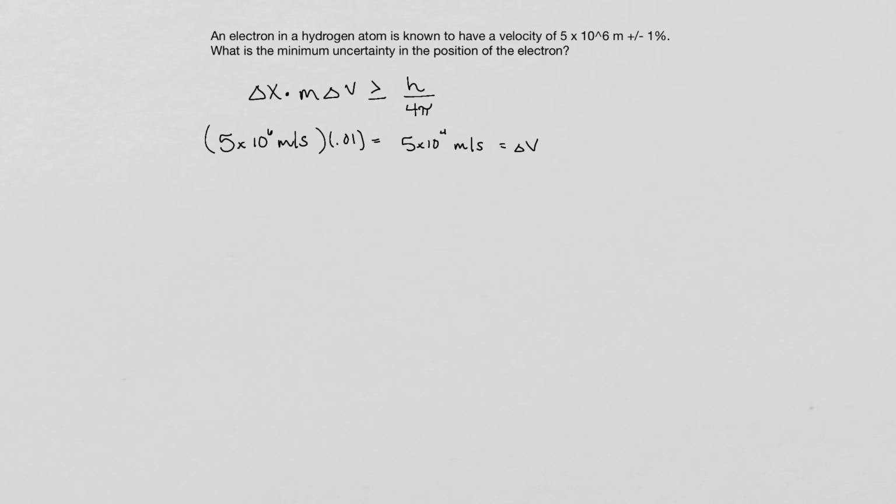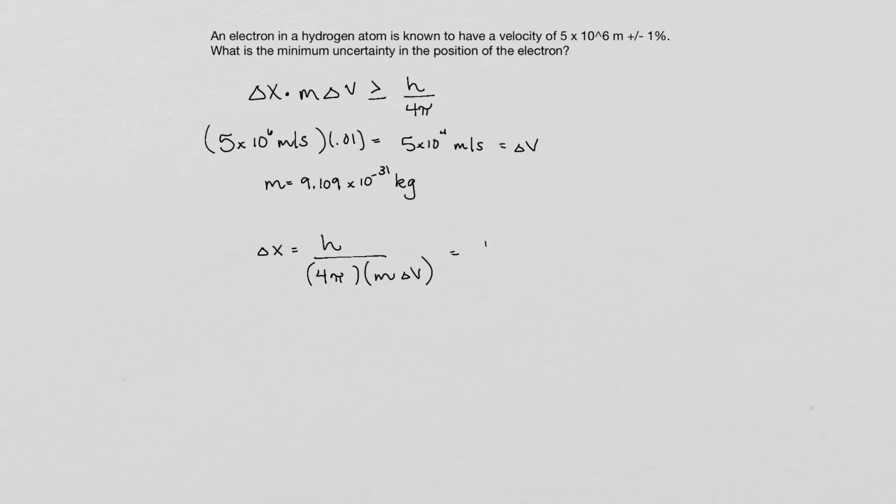And then we know the mass of our electron, and that is 9.109 times 10 to the minus 31 kilograms. So now what we're going to do is solve this equation here for delta x. So our delta x is going to be h divided by 4 pi times m delta v.